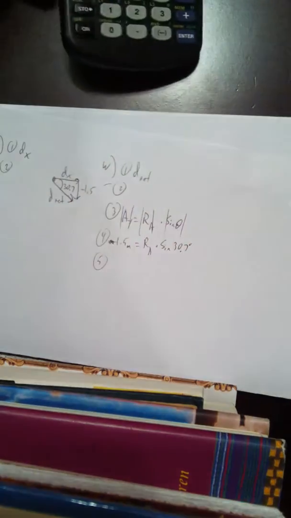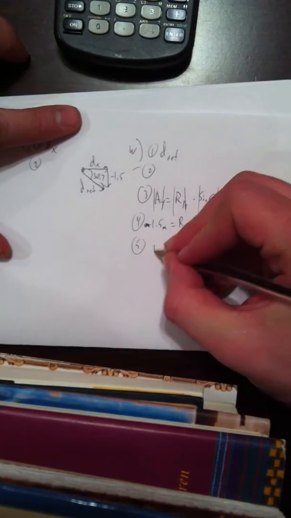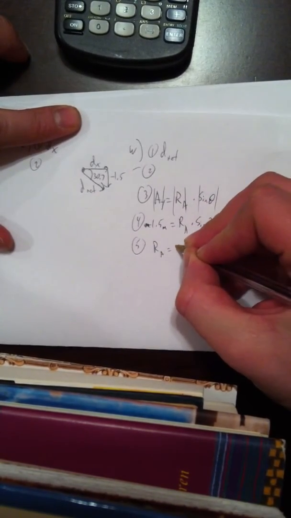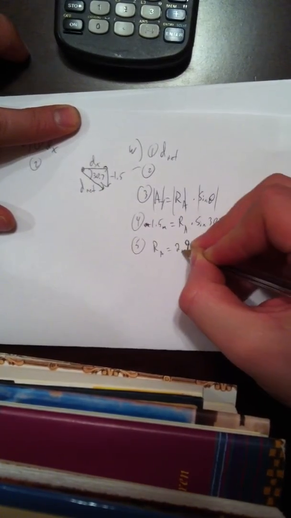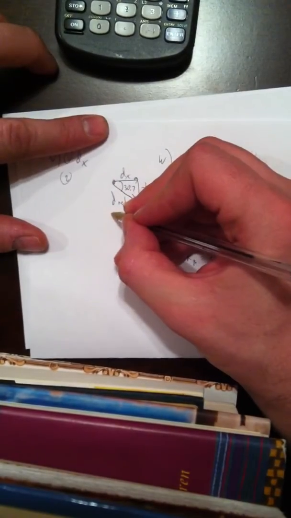Okay, so I'll double check, make sure I got this. Yeah, so we have an answer of our resultant is equal to 2.94 meters. That's this hypotenuse right here.